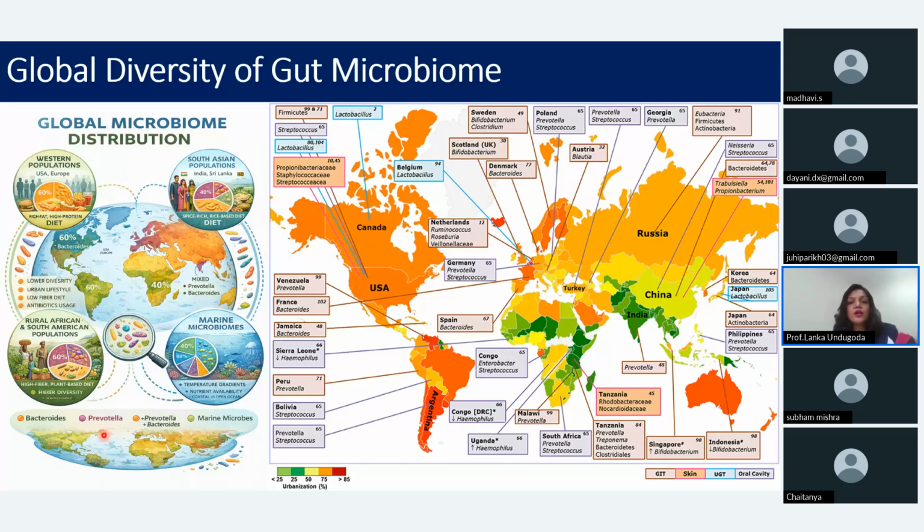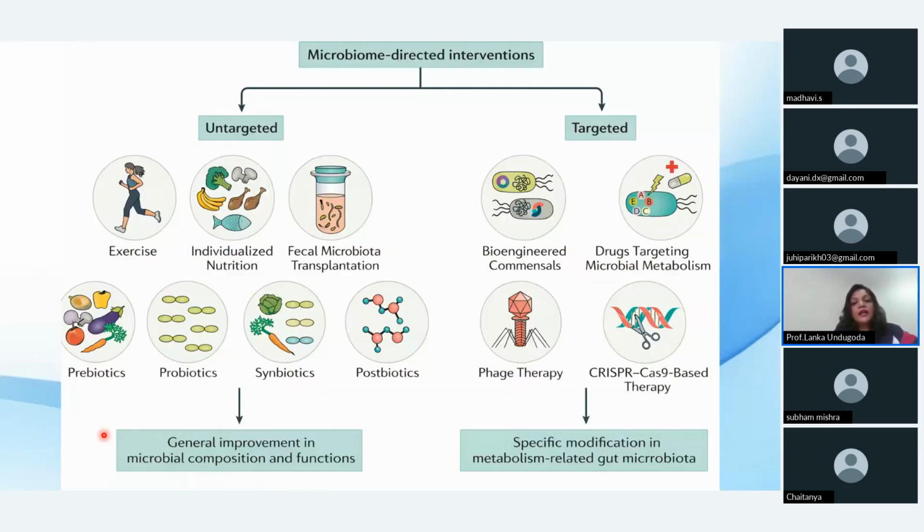So this is the global trend. Most of the time, because of high sugar consumption, high salt consumption, and high doses of antibiotics, it leads to dysbiosis. What is dysbiosis? Imbalance of your microbiome.